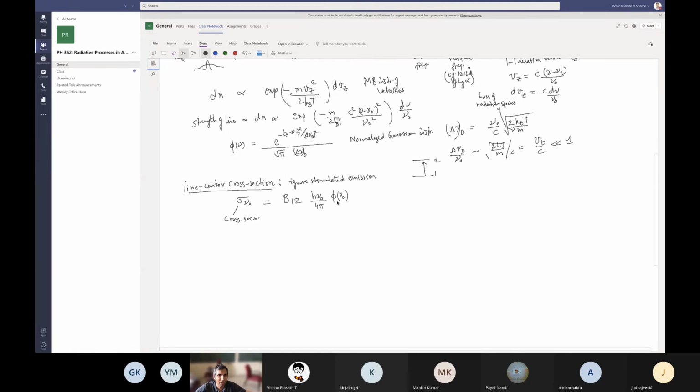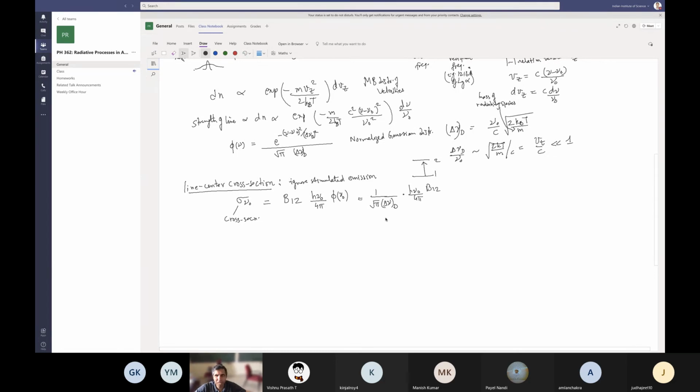So what is the line profile at the line center? This is nothing but, if we evaluate this phi nu naught, 1 by square root of pi delta nu D, times h nu naught by 4 pi times B12, right?